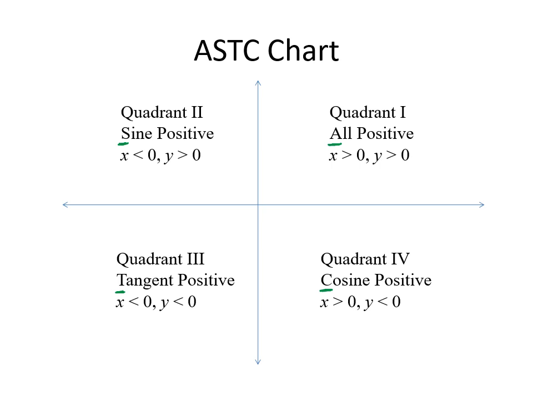And there's a few different ways you can remember this using different naming remembrances. ASTC, you could do it just as all sine, tangent, cosine. That one doesn't really flow off the tongue very well.